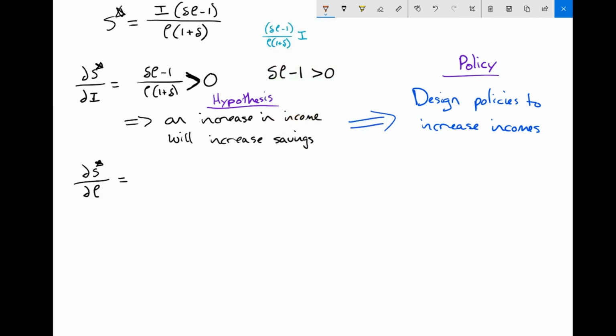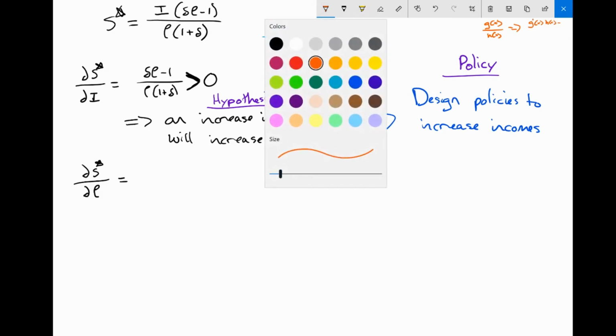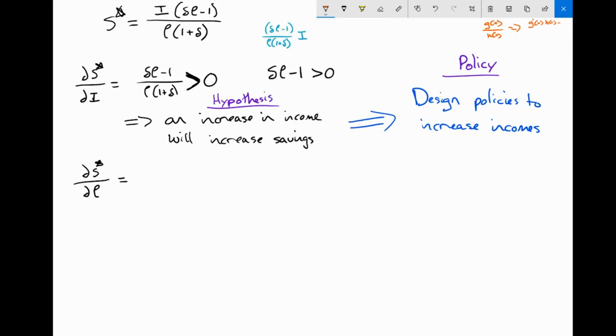The quotient rule is, imagine that you have g of x divided by h of x. The derivative is, running out of space here. Okay.